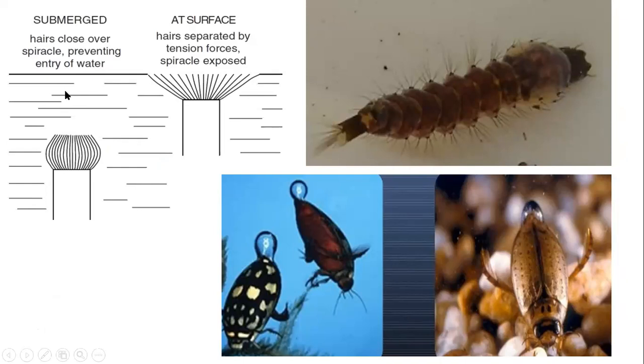Submerged condition, where the hairs close over spiracles, preventing entry of water. In this situation, at surface, hairs separate by tension forces, spiracles exposed like this.